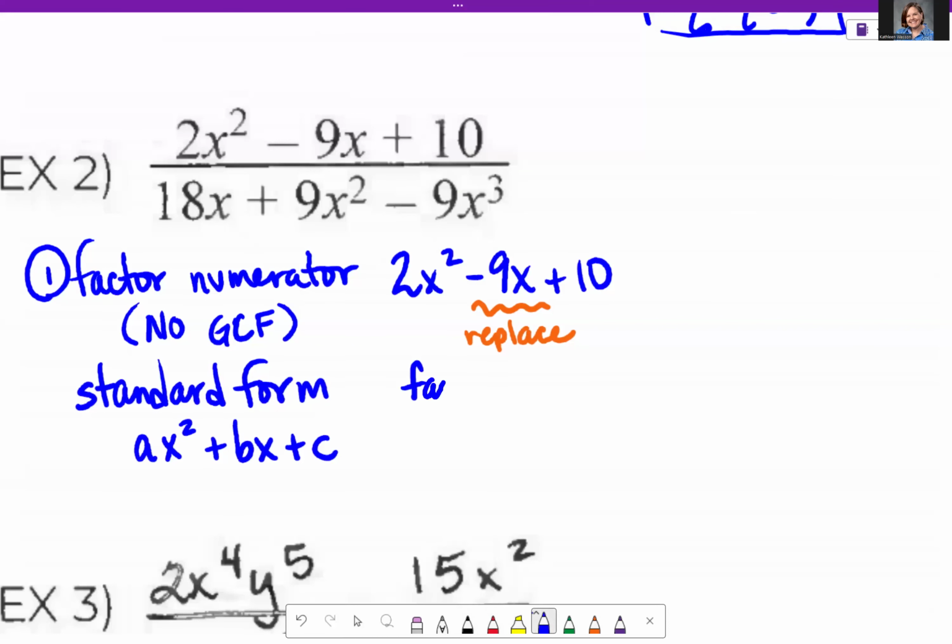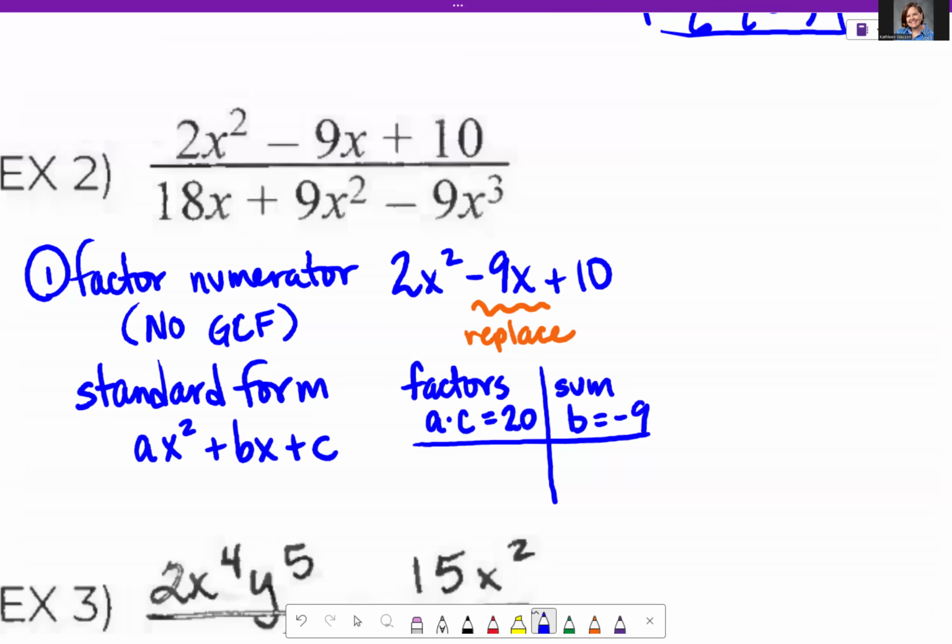I need factors of a times c. A is 2, c is 10, so a times c is 20. And there are several numbers that you can multiply together in combination to get 20. My limiting factor, my limiting decision is that the factors that I choose also have to be added to get this negative 9x, the middle term.